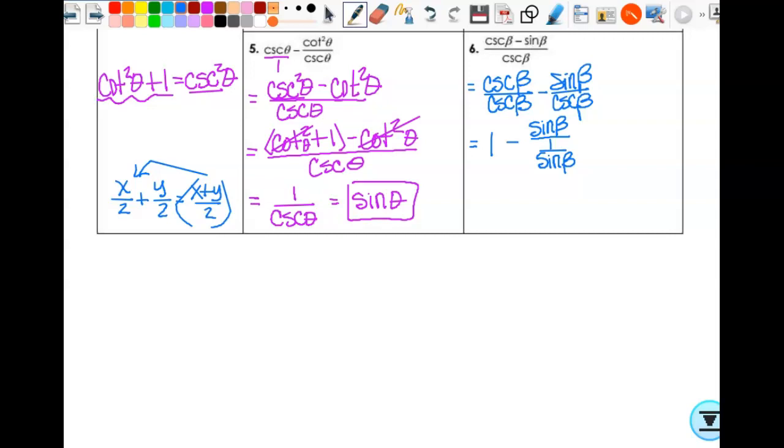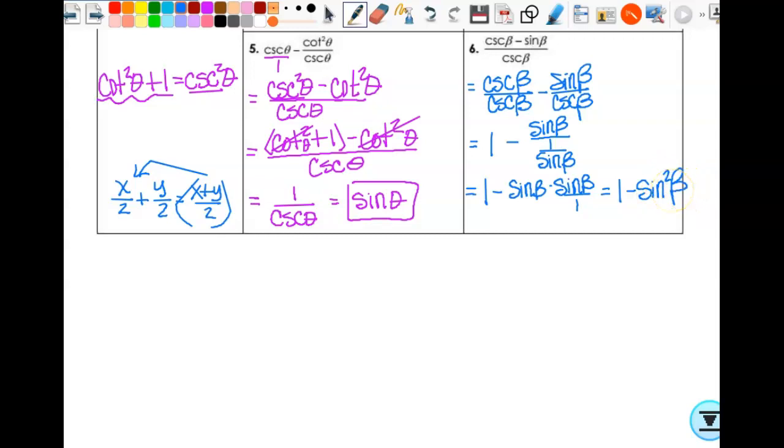So when I rewrite this, it's again 1 minus. Now I'm dividing by a fraction, so I keep, change, flip, right? So this will be sine beta times sine beta over 1. So that just gives me 1 minus sine squared beta.